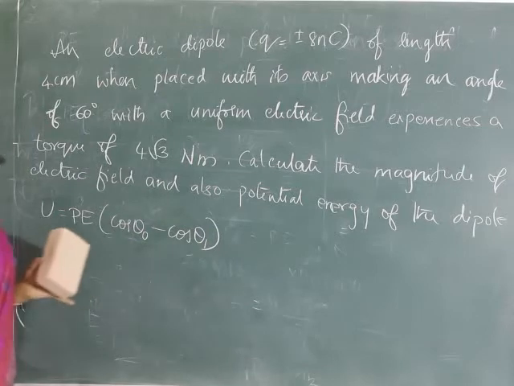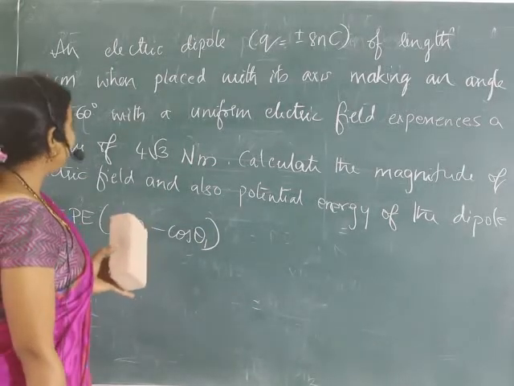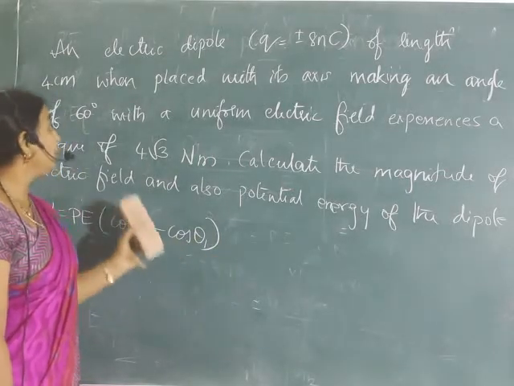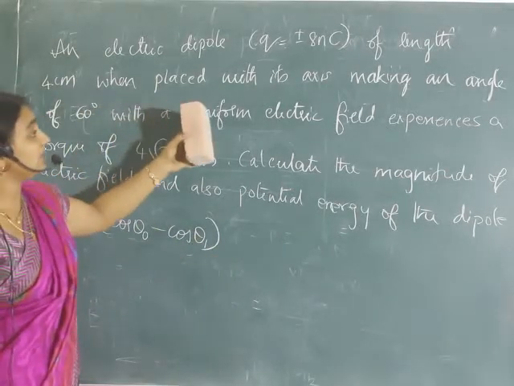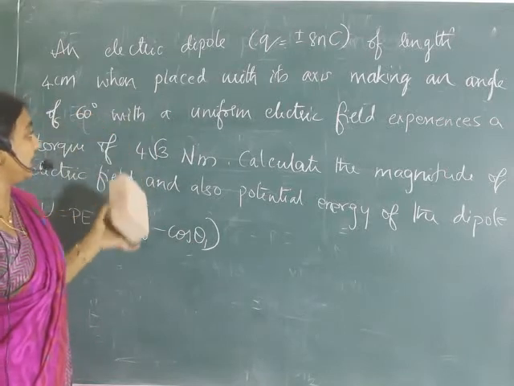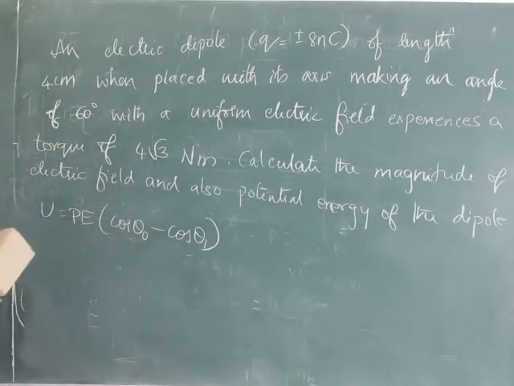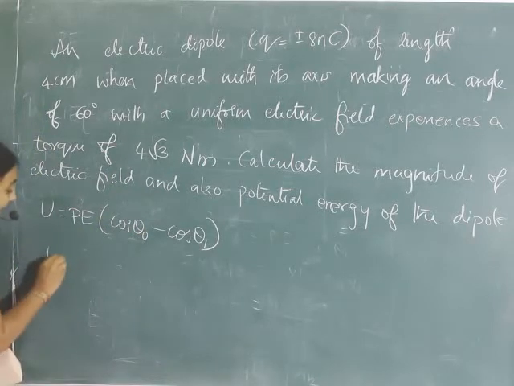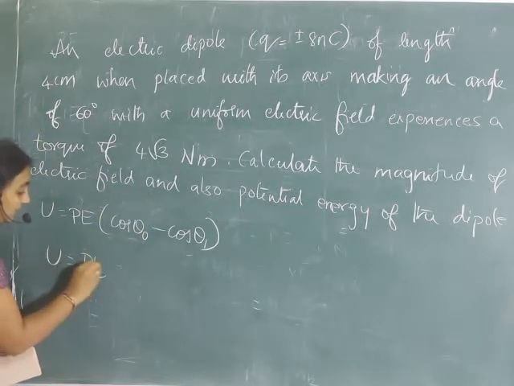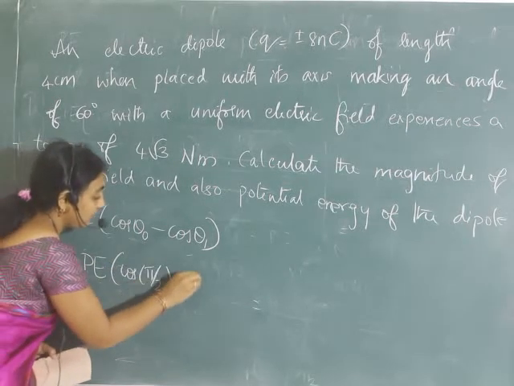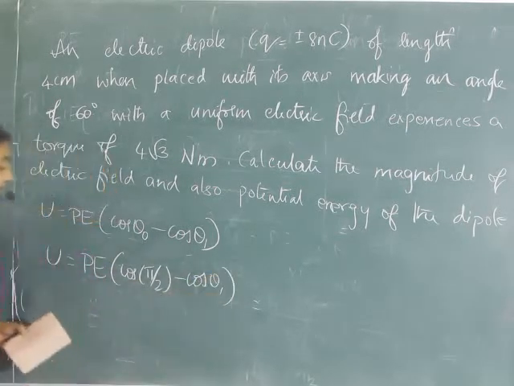Usually, for solving problems, when it is making some angle theta with a uniform electric field, to calculate the potential energy, we usually take U is equal to PE cos of from 90 to cos of theta 1.